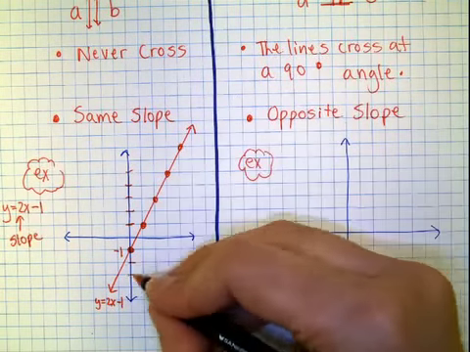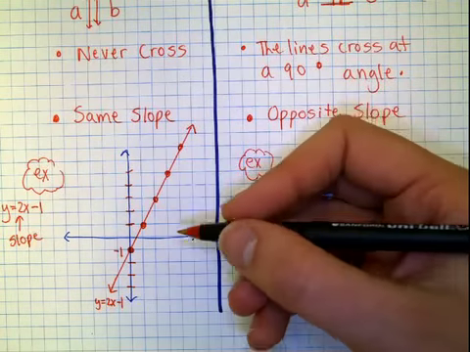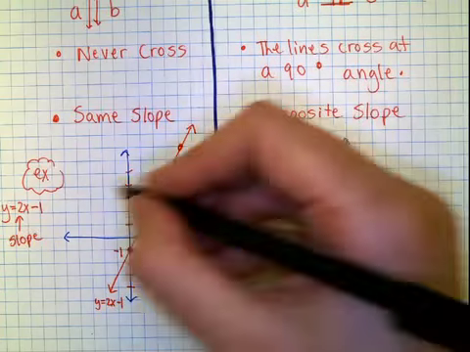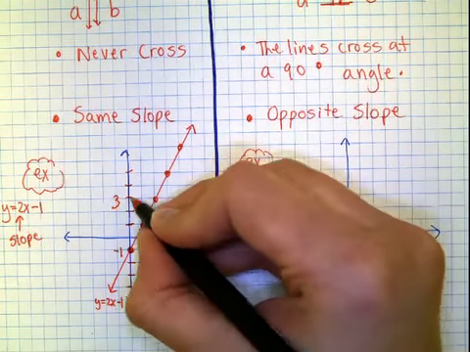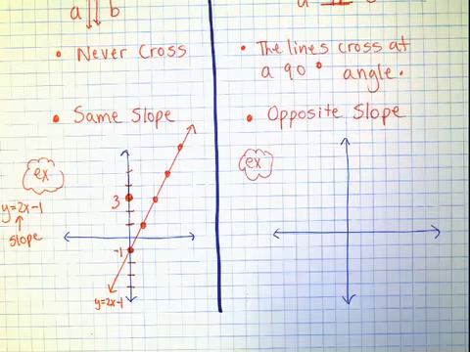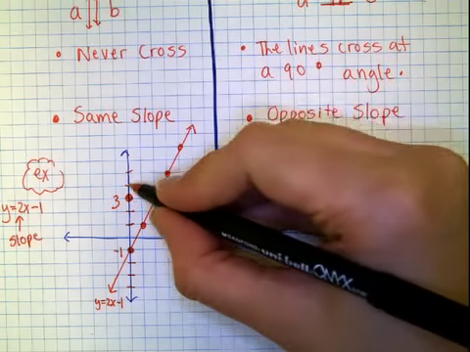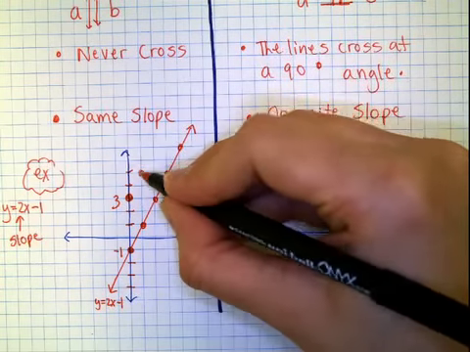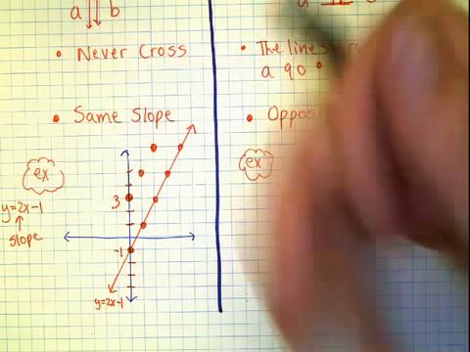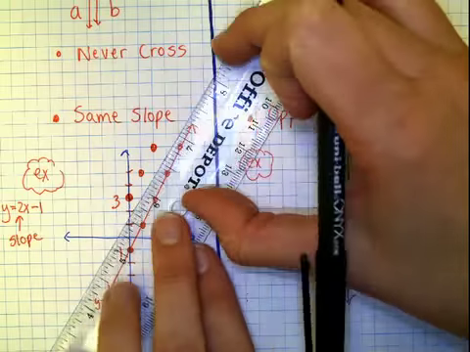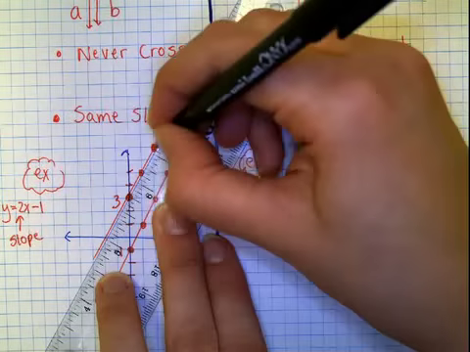I could go down below here to -2, -3, -4. It doesn't really matter. It doesn't tell me where. So how about we start it at, I don't know, let's start at 3 as our starting point. So a brand new y-intercept, start at 3. We're still going to go up 2 over 1, up 2 over 1, up 2 over 1. I'm not going to be able to do lots of them. I'm going to be off the graph, but a couple of dots and I can draw a line.